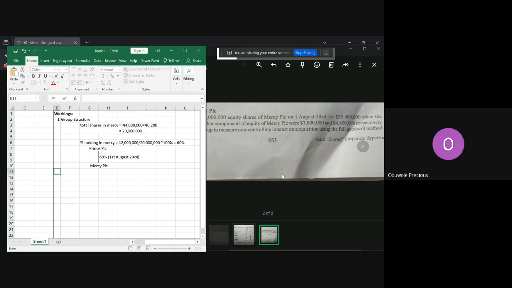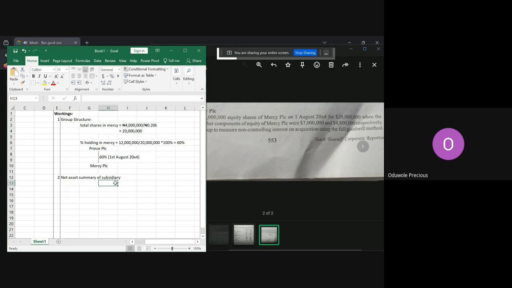Let me use it here. All together. Next one, net assets summary of subsidiary. So in that we have two columns.